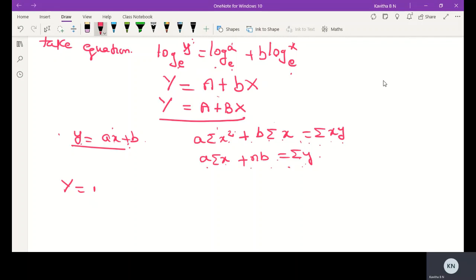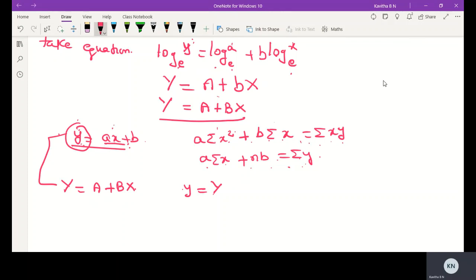Here capital Y is equal to capital A plus capital B capital X. Observe here, compare these two equations. In place of y, write down capital Y. Come to the RHS part.